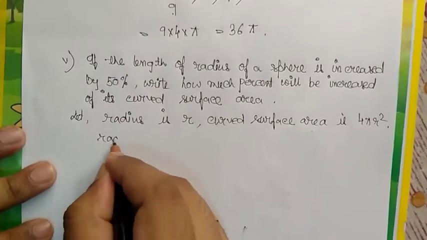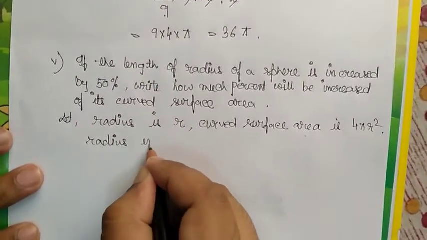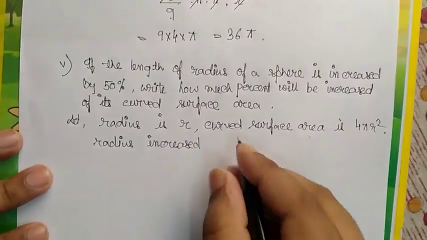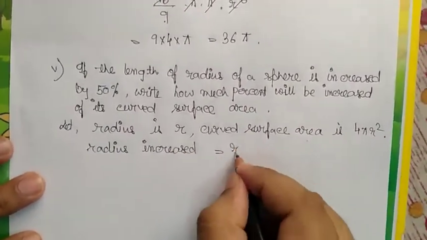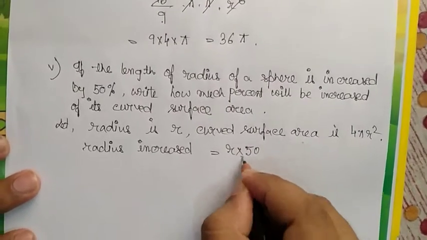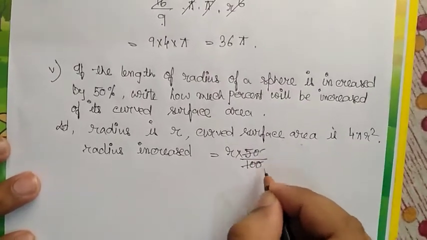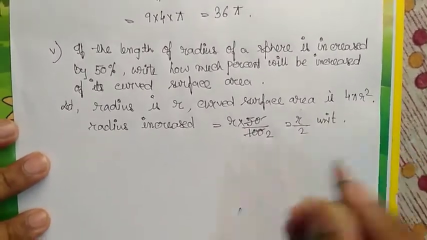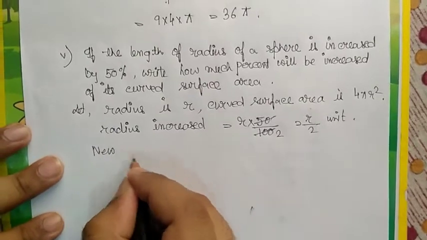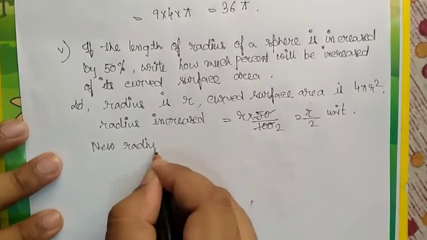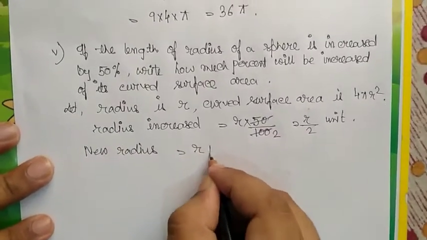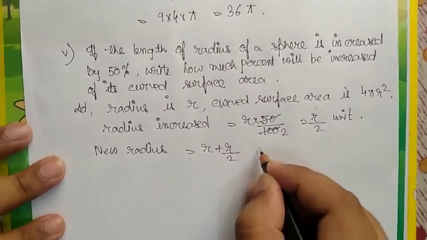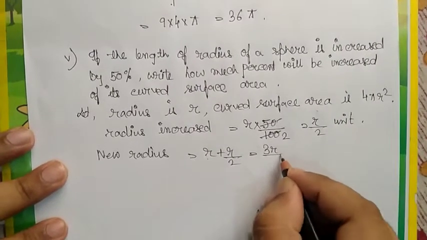Now radius increased equal to r into 50%, means r into 50 by 100. Eliminate those. This should be r by 2 unit. So therefore new radius will be r, the previous one is r and the increase is r by 2. So therefore new radius is 3r by 2 unit.